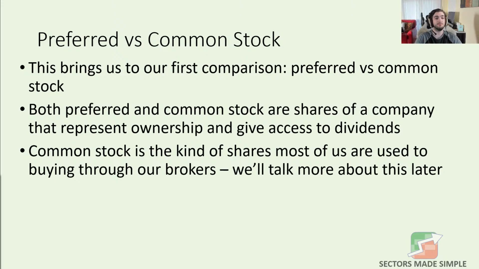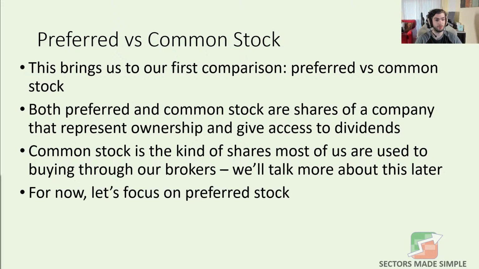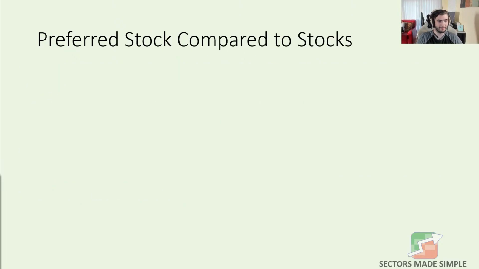For right now, let's focus on preferred stock, because that's going to be the thing that is a newer idea for many of us. So let's compare preferred stock to, instead of thinking the word common stock, just think the word stocks as you would think about Tesla or Microsoft or the stocks that you buy and sell already.